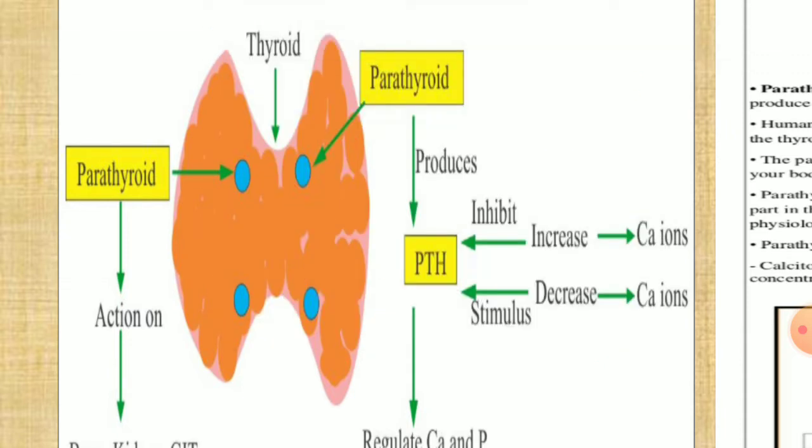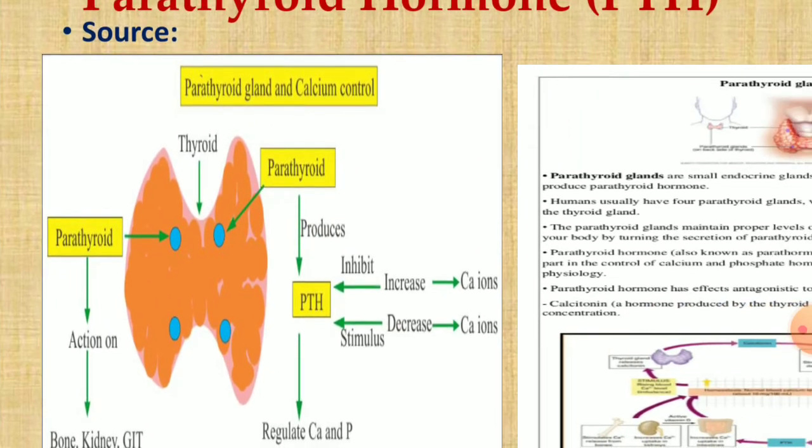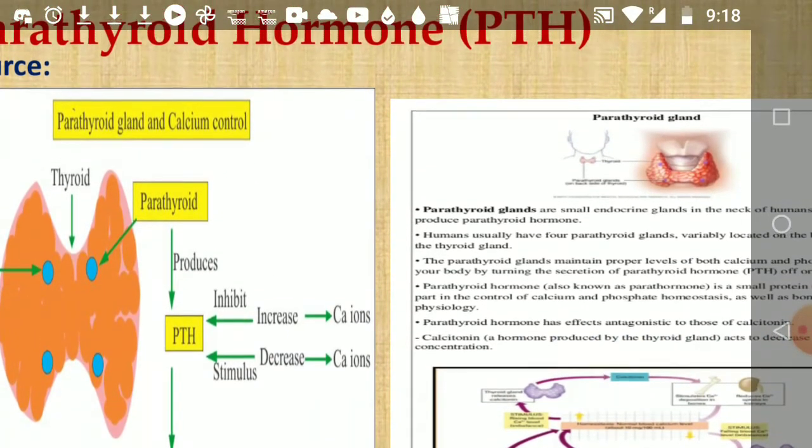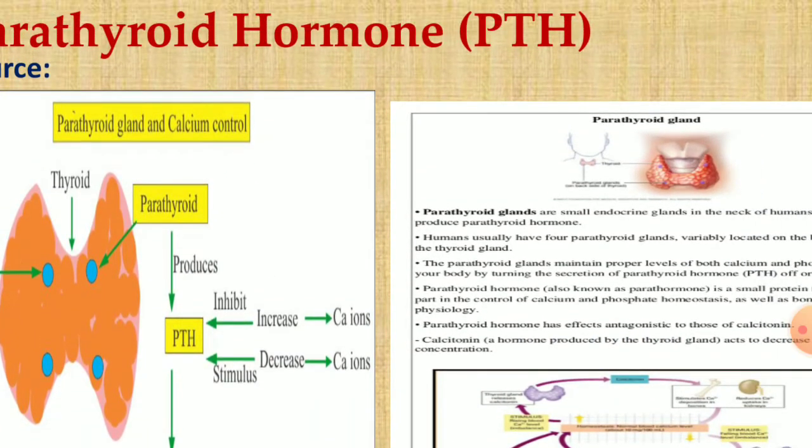What are the roles? We will discuss in detail. And how or when does this parathyroid hormone get released? There are various stimuli for parathyroid hormone release, but the most important one is fall in blood calcium level. Most specifically, the ionized blood calcium level.